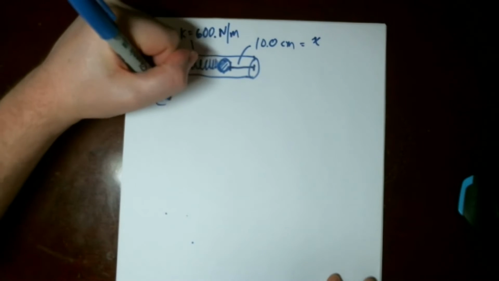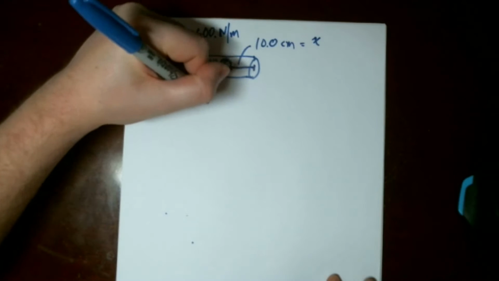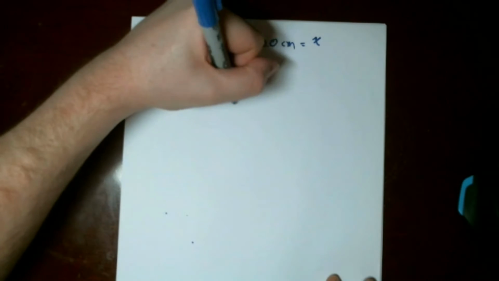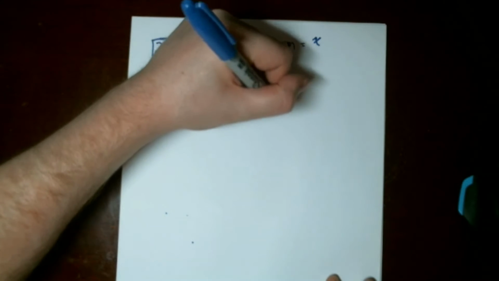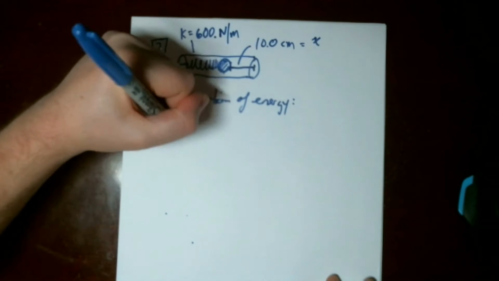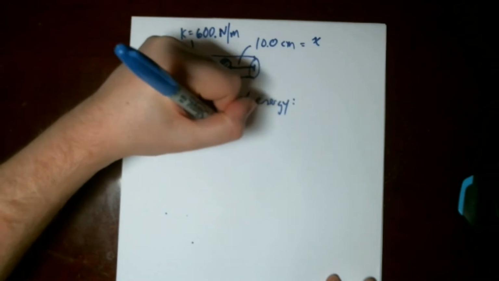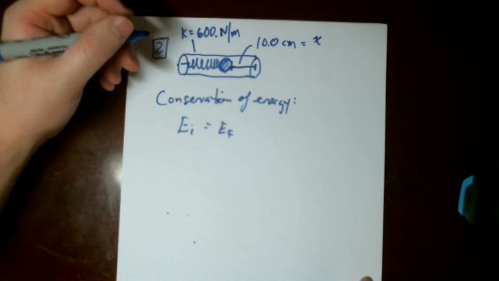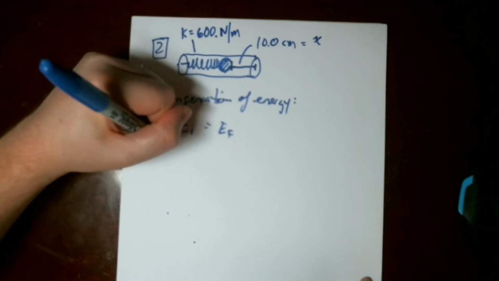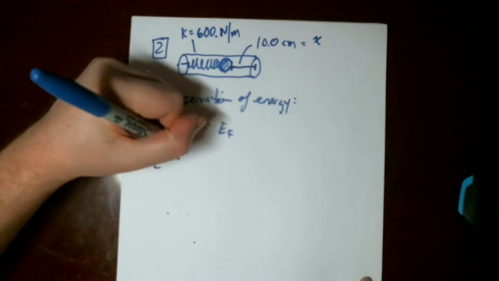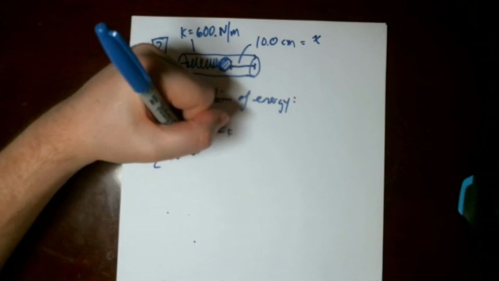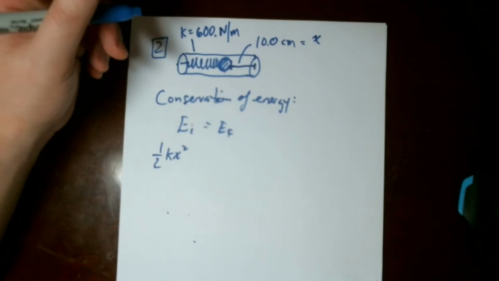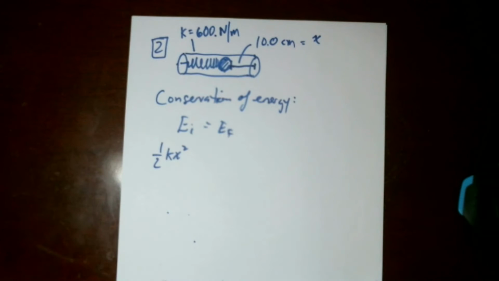So in this case, conservation of energy can be written as always, EI equals EF. And here, the initial energy is just the spring potential energy that it gets from being compressed. So that's 1/2 kx squared. And then when the spring is at equilibrium, it's no longer compressed or stretched, so it has no spring potential energy.